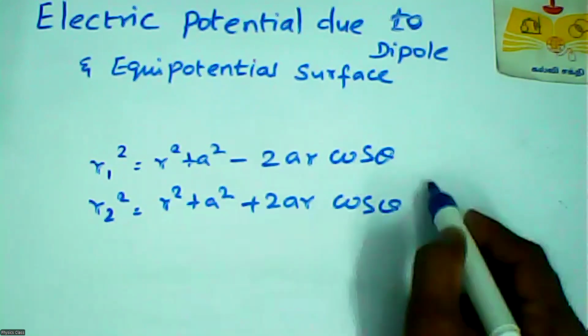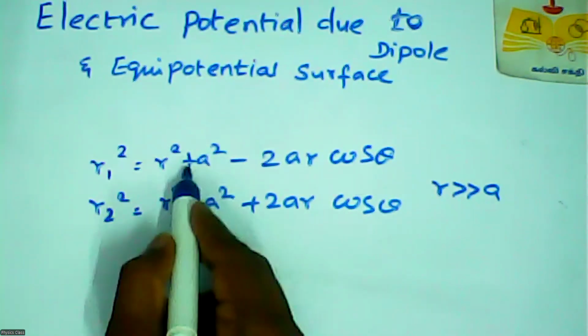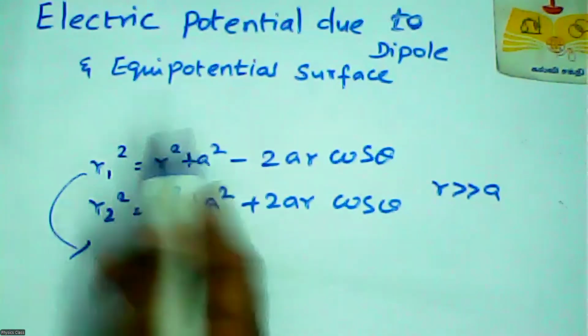So we take R much greater than A. In these equations, we can take R square as common.